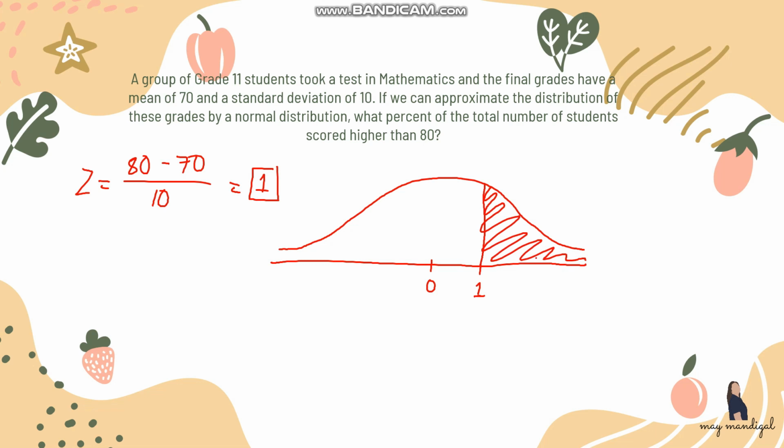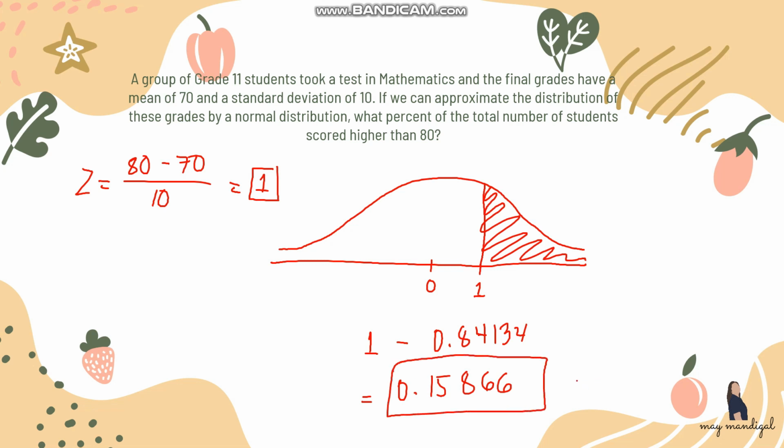That is 0.84134. And then since it's to the right of our z-score, we have to subtract it from 1. So therefore, 1 minus the area to the left of 1. So we have 0.15866. Okay, so this is now the area.